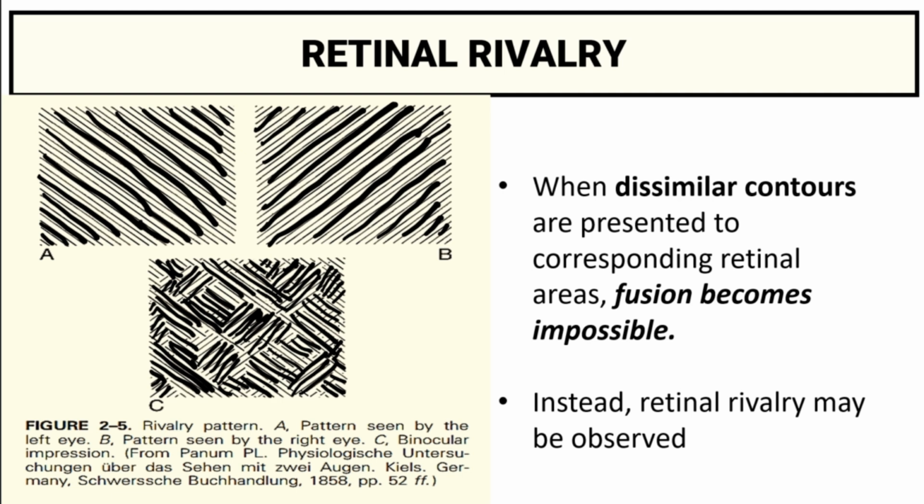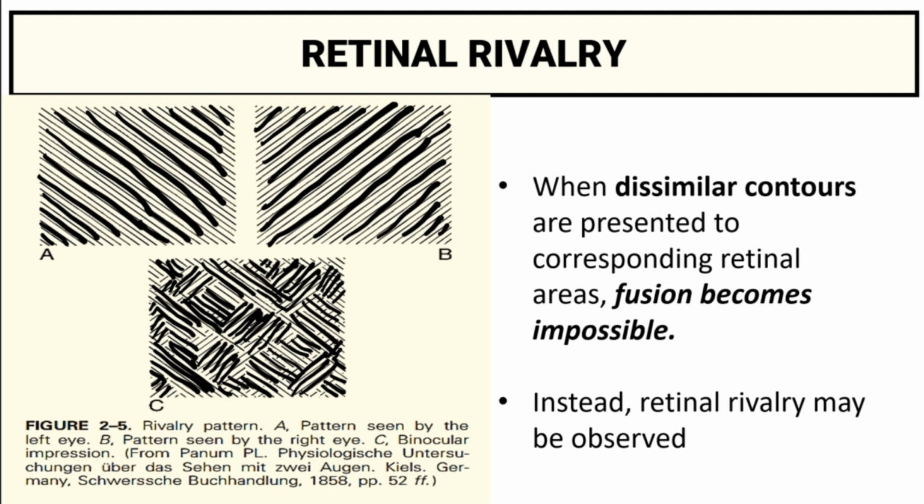So definitely these two stimuli are non-fusible. That means it is almost impossible for the brain to fuse these images. So when such dissimilar contours or images are presented to corresponding retinal areas of the two eyes, fusion will be impossible, and instead what you see is retinal rivalry.